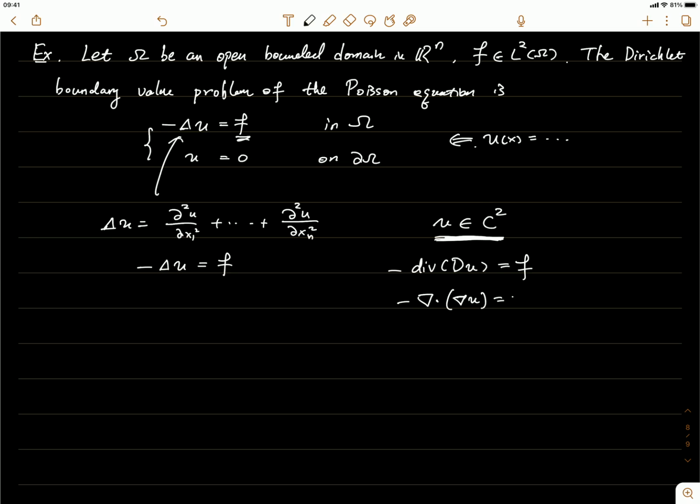You see both very commonly in books or research papers, so that's another way to write the Laplacian.